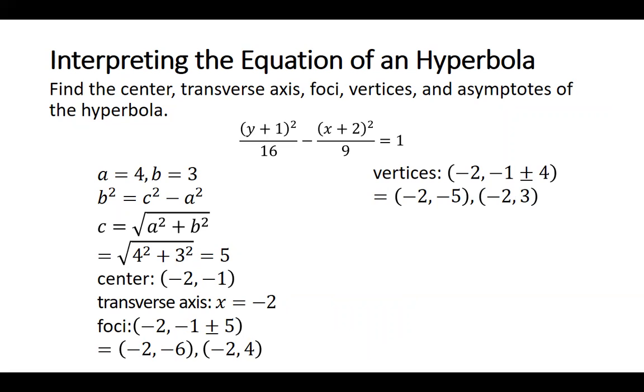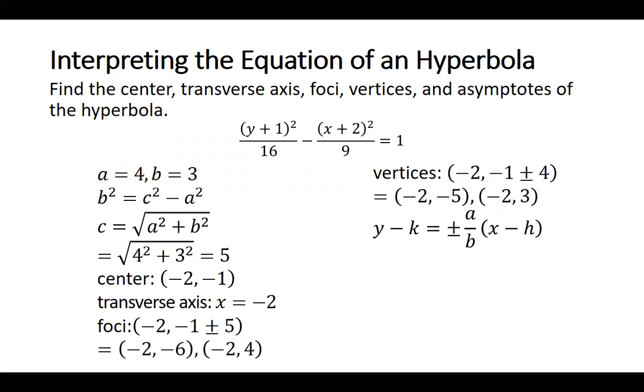And then to find our asymptotes for the hyperbola, we're going to use y minus k is equal to plus or minus a over b times x minus h. So if we plug those in, we have y minus k, k was -1, so minus -1, so y plus 1.